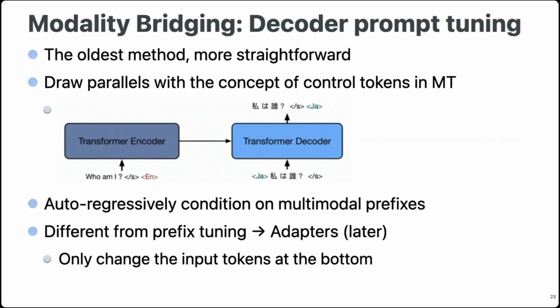It originated from the control tokens of the encoder-decoder model. For example, if we want to translate English to Japanese, we can add some specific control tokens to the prompt to indicate what kind of task we are doing. But for encoder-decoder models, it's harder to control compared to decoder-only models.